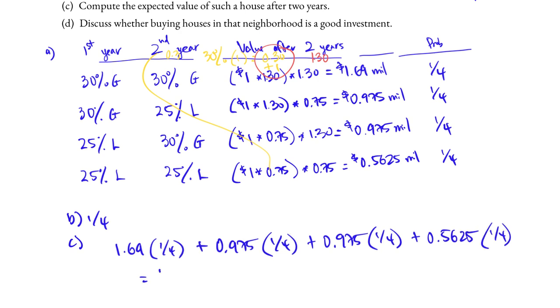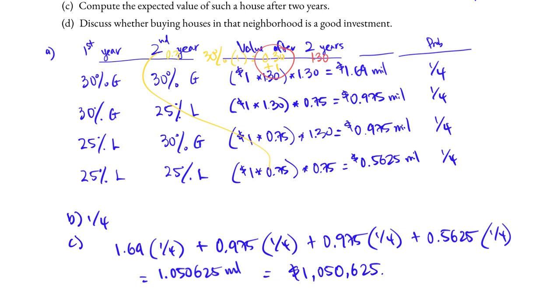This will give us 1.050625 million, or this is $1,050,625. So the expected value after 2 years is $1,050,625.